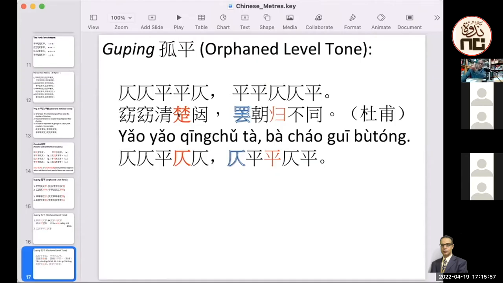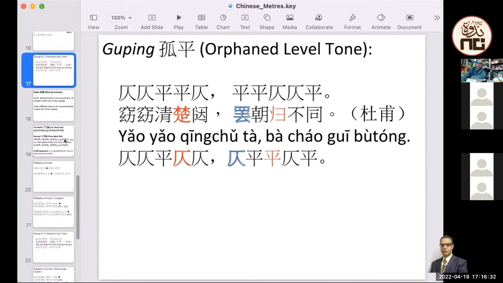So he had to make it up by changing the first ping into ts, and also change the ts into ping. Gui is ping. So in the end, the line would be read like zi zi ping zi zi, zi ping ping zi ping. Okay, so this is inversion and this is counter inversion to strike a balance in the rhythm.